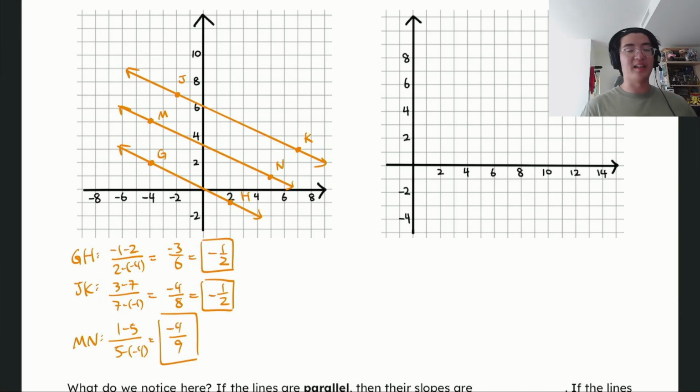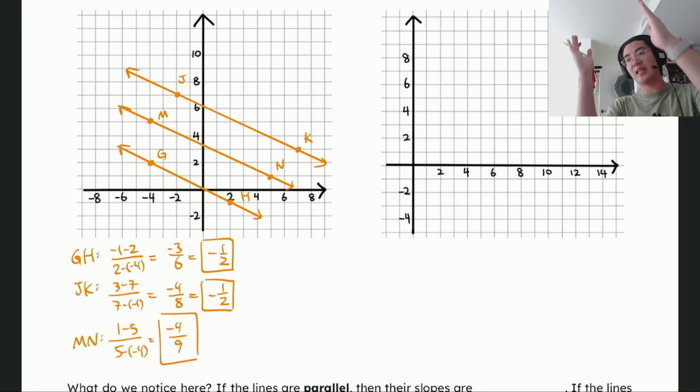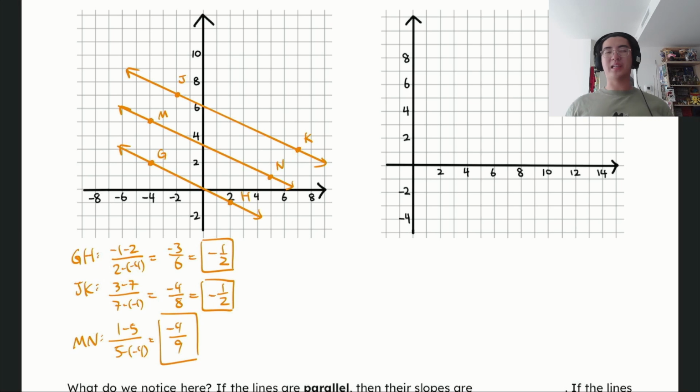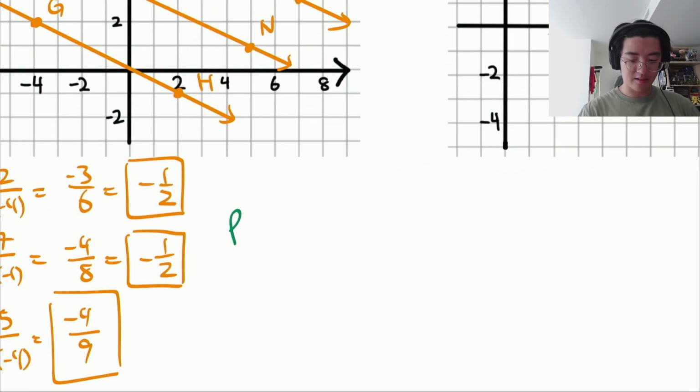Because if they're the same slope, at no point will they ever cross each other, because they will go at the same angle, the same direction infinitely. Whereas if the slope is ever so slightly different, then they have a chance to cross each other. So lines that are parallel have the exact same slopes.